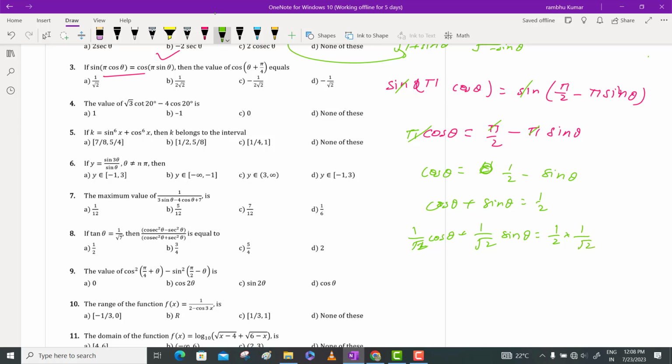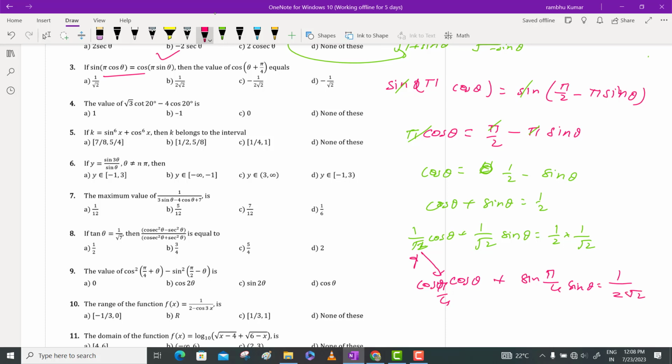So here 1 by root 2 is nothing but cos pi by 4, so cos pi by 4 cos theta plus sin pi by 4 sin theta equal to 1 by 2 root 2.